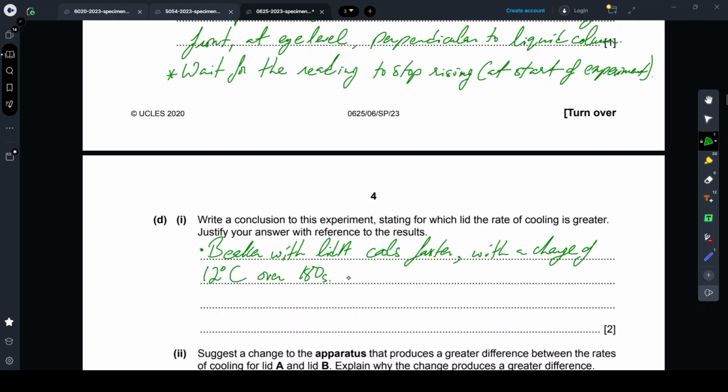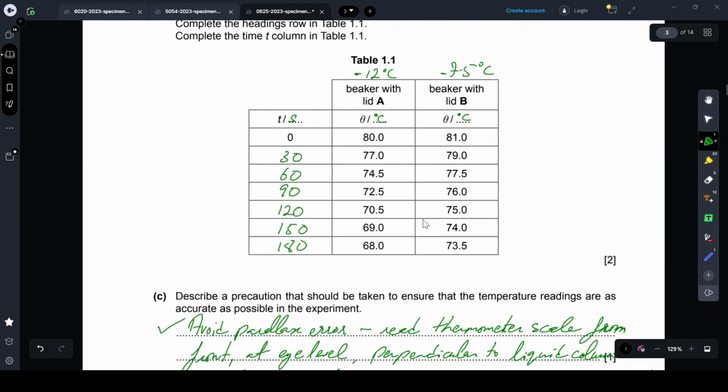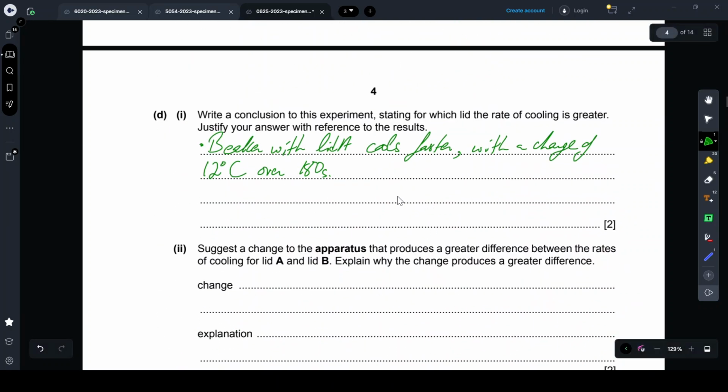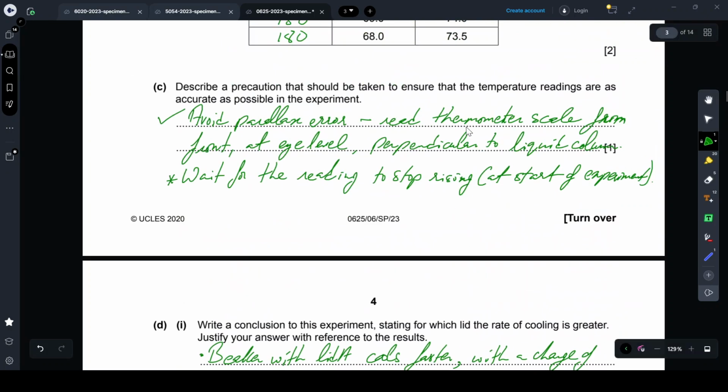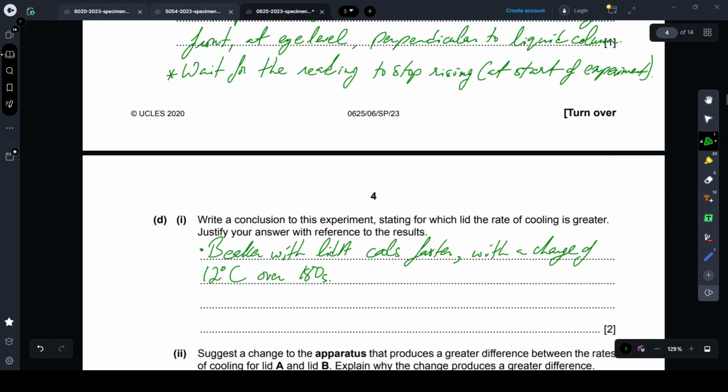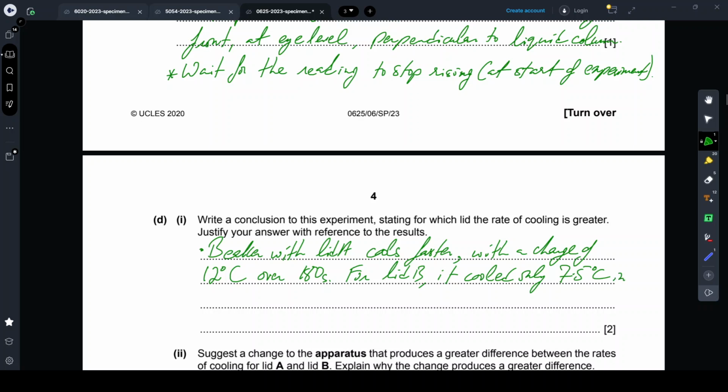Whereas for lid B, it only dropped by 7.5 degrees. Now they're asking you to justify your answer with reference to the result. So for lid B, it cooled only 7.5 degrees centigrade in 180 seconds.